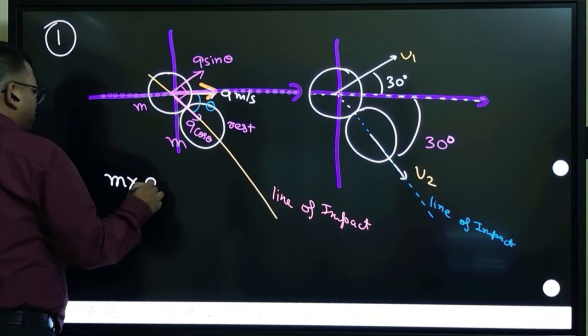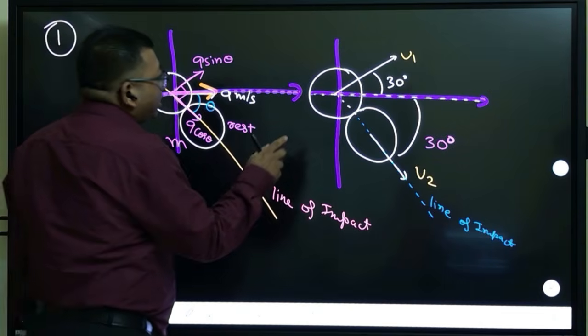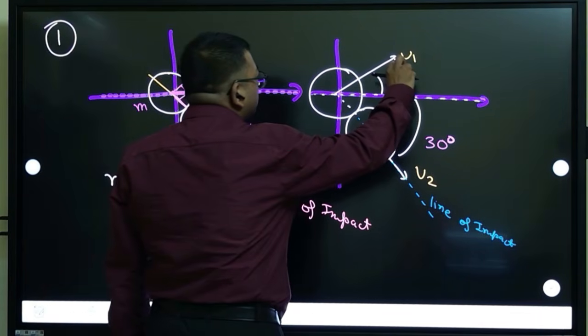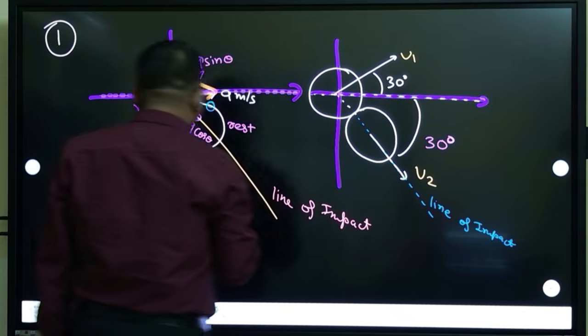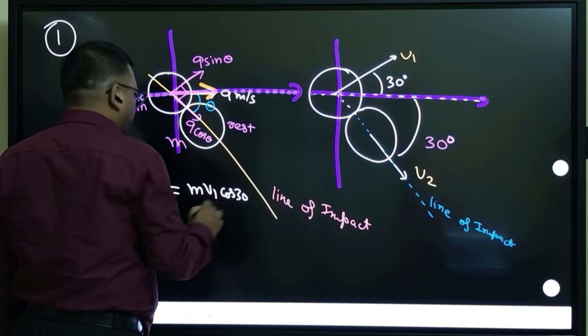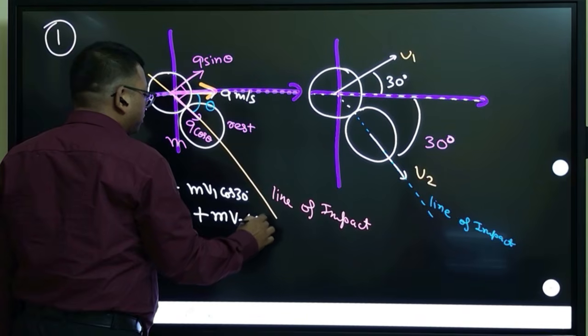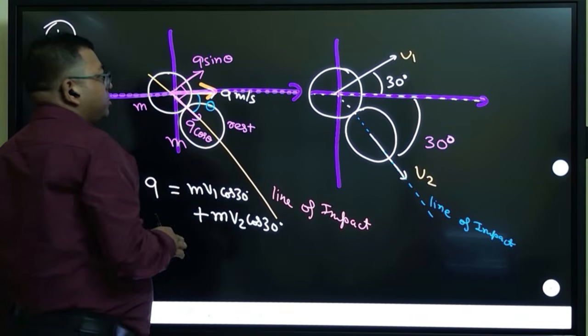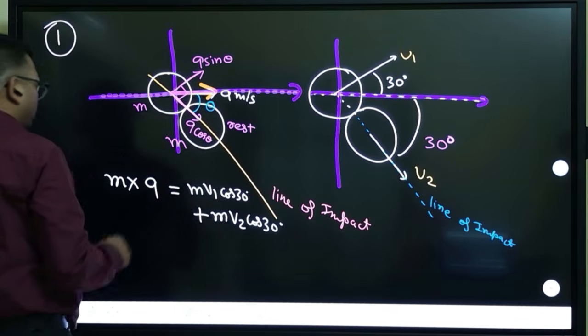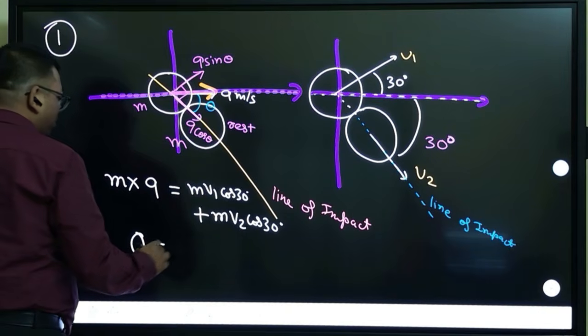M into 9 is the initial momentum. Final momentum along the x-axis means m v1 cos 30 degree plus m v2 cos 30 degree, because both are making this component. And along the y-axis it was 0, so initially there is no momentum along the y-axis.